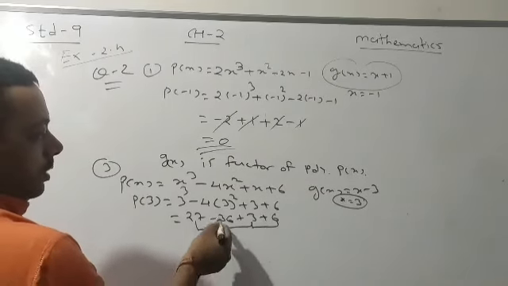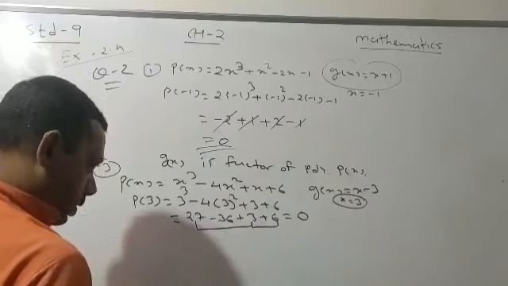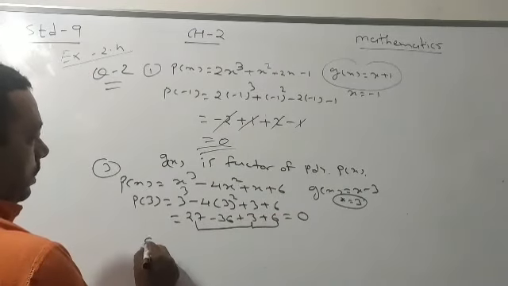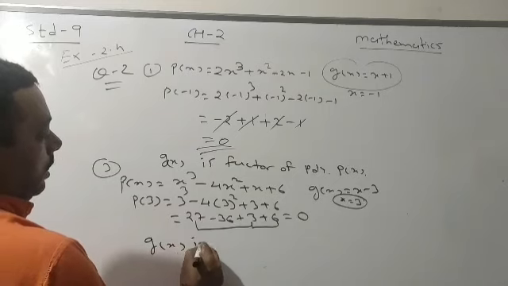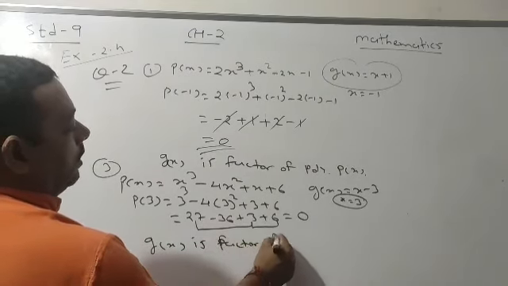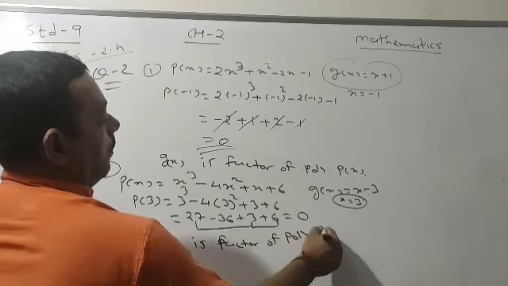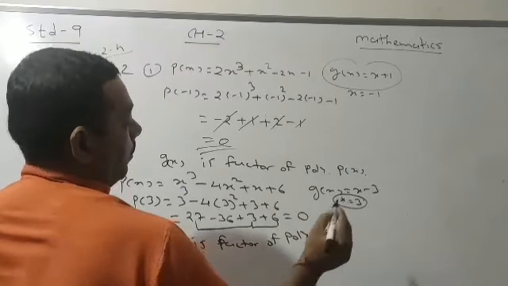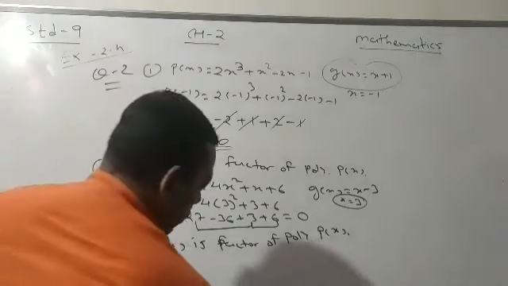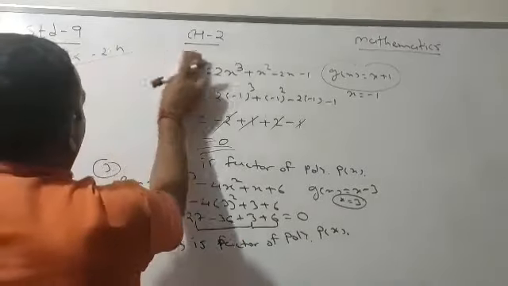So positive 36 negative 36 gives us 0. Hence we can conclude that gx is factor of given polynomial px. Clear? Gx is the factor of the given polynomial px. Now question number 2 completed.